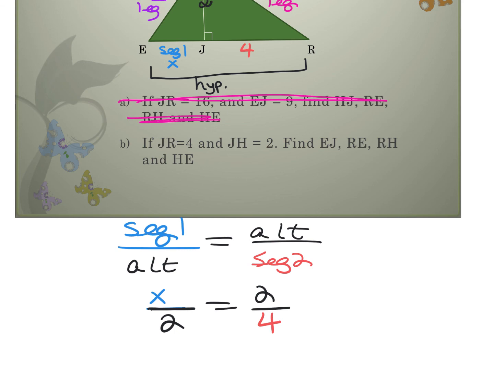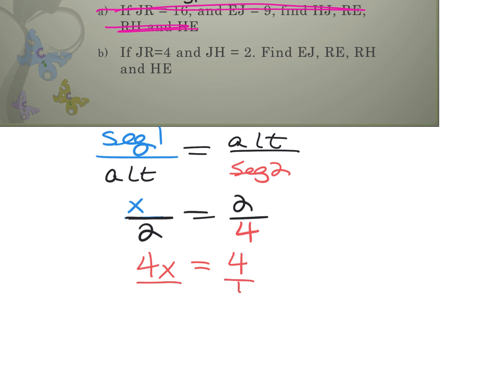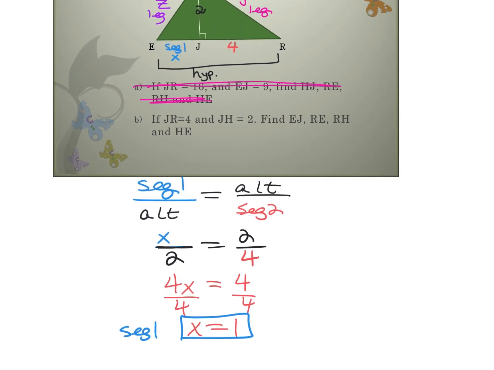This time I don't have to do a square root. I don't have a square. So I'm going to do 4 times x and 2 times 2. Divide by 4. And x equals 1. So that was the blue. That was segment 1, which was in the picture EJ.